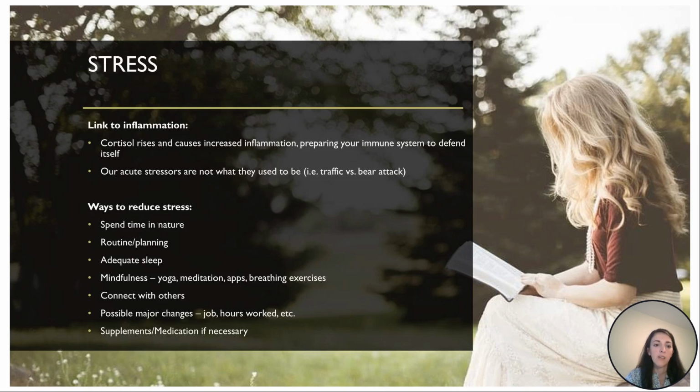Connecting with others. It's never my place to say somebody needs to change their job or relationship or anything like that, but sometimes that kind of stuff is needed. And then, of course, we have other supportive supplements and things, and medications if needed. So, stress management.